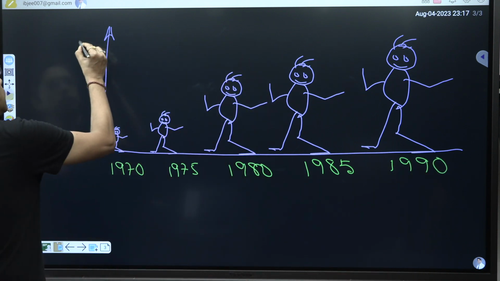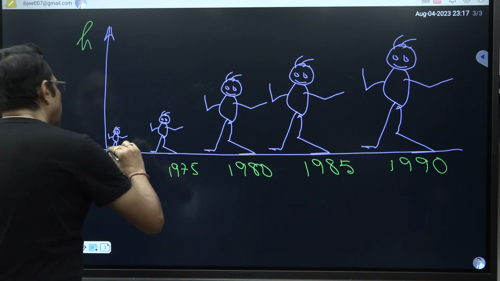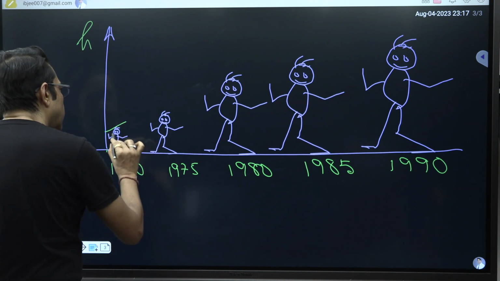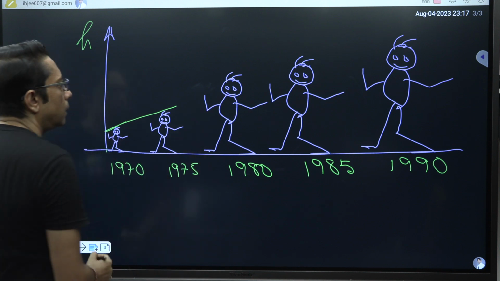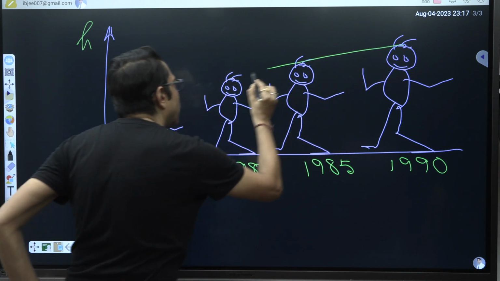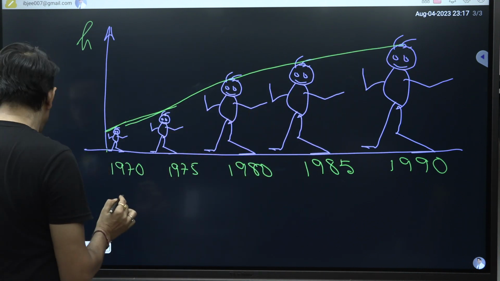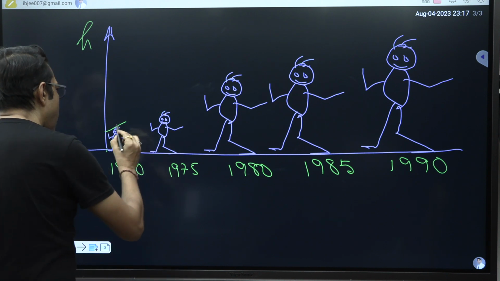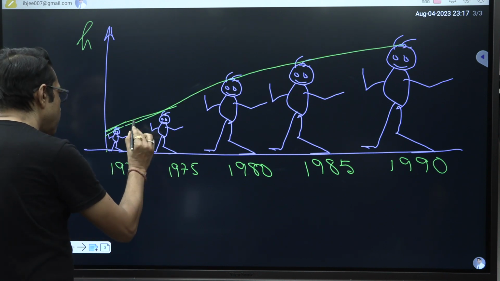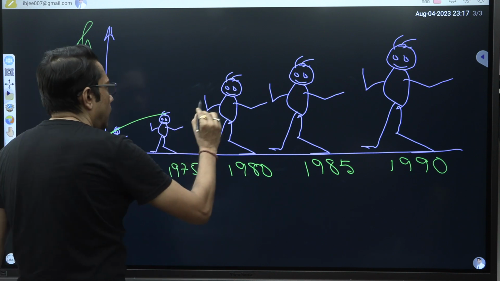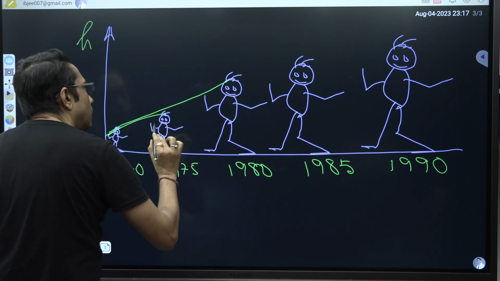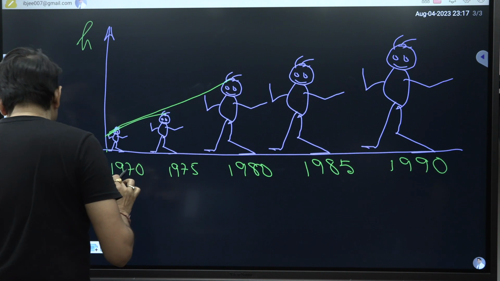The height of Shah Rukh Khan changed like this.